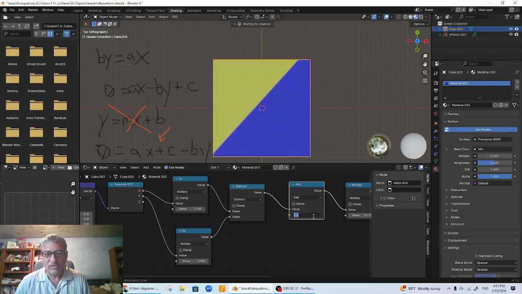And you can see that if it's set to 0, then it goes right through the center where the y line and the x line meet. That's the y-intercept. But if you increase it, then you start moving that y-intercept back and forward.